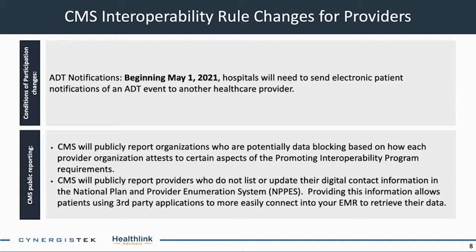CMS will also publicly report providers who don't list or update their digital contact information on the National Plan and Provider Enumeration System. Again, that's what allows third-party applications to more easily connect to the electronic medical record and retrieve data.